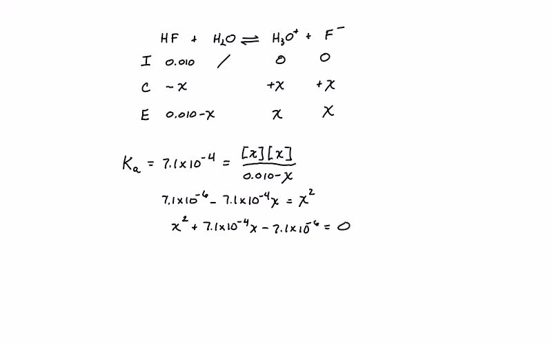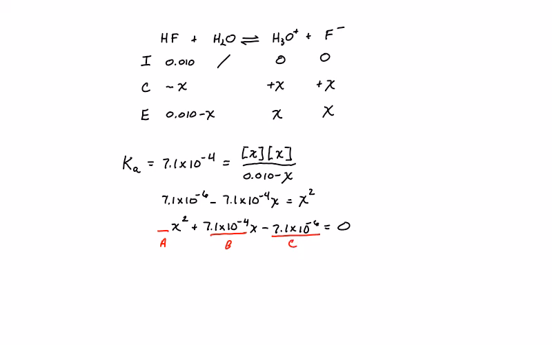And there we go. We are in the quadratic form where we have 3 coefficients. Okay, we have A, B, and C. And now we just plug this into the quadratic formula.